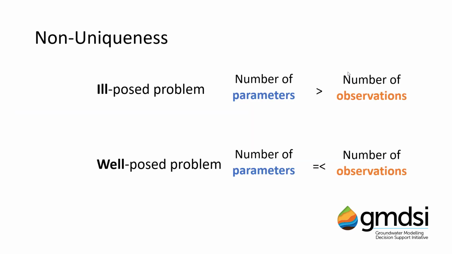Because natural systems are so complex and observations of these systems are few and far between, history matching is said to be underdetermined. In reality, there are many more unknown parameters than there are known observations. So if we have a model that reflects the complexity and heterogeneity of reality, in our inverse problem, we have many more unknowns than knowns.